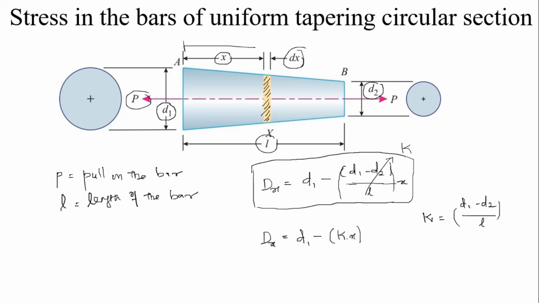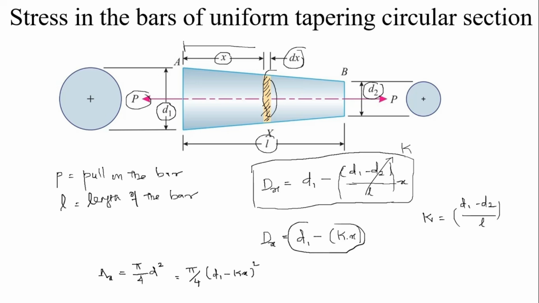Now we want to calculate the cross sectional area of this element. For that, Ax is equal to, we know the area of a circle is pi by 4 into d square. So, here pi by 4 into dx squared, which is d1 minus kx the whole square.